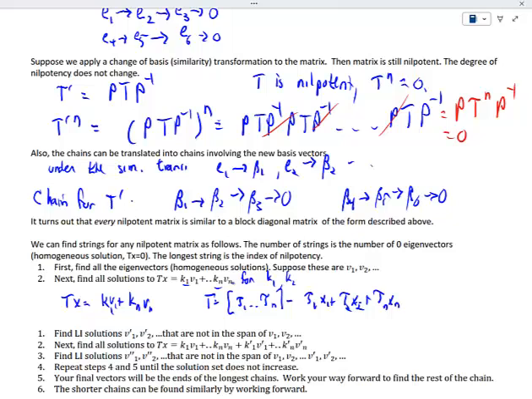And then instead of writing this on the right-hand side, I'll write it on the left-hand side. Sorry, I should do it the other way.